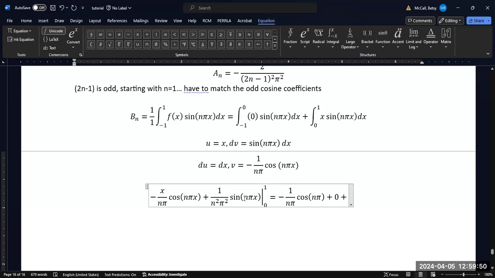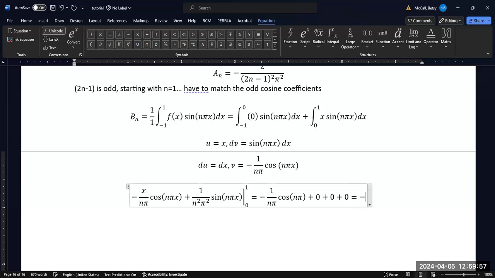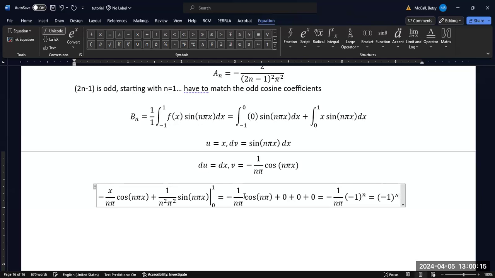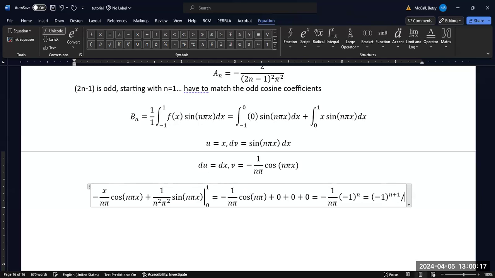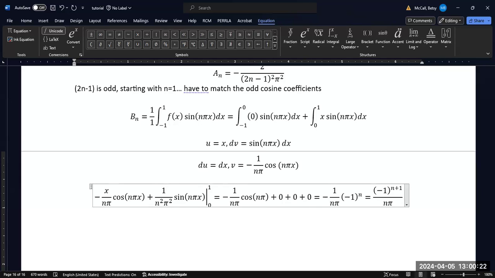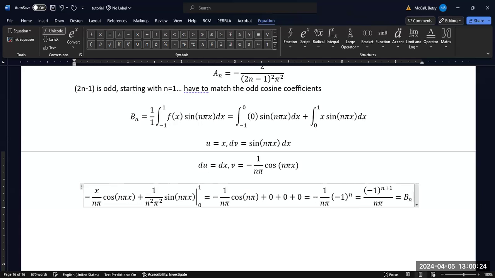When I plug in 0, sine of 0 is 0. So 0 and 0, and I just have negative 1 over n pi. And I know that cosine of n pi is negative 1 to the n. And so absorbing the other negative, negative 1 to the n plus 1 divided by n pi. And those are my b sub n's.